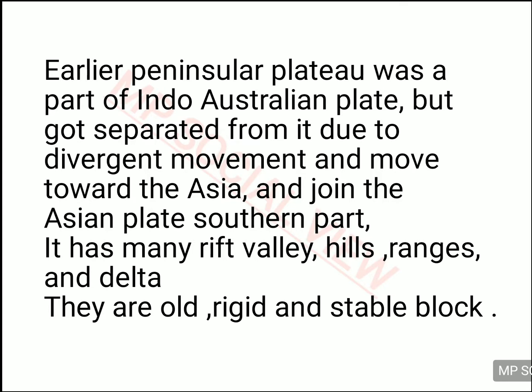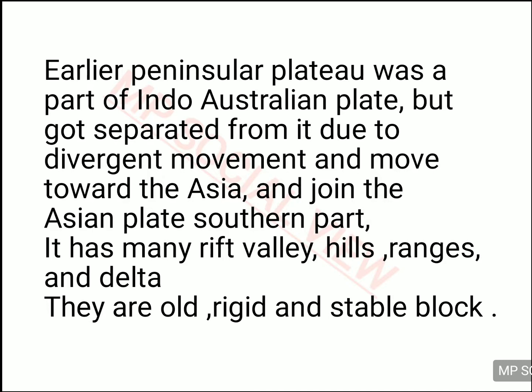When it broke away, it started moving in the opposite direction, toward the north, toward South Asia, and it collided with the Tibetan block. When it collided with the Tibetan block, it became part of India, and thus this led to the formation of India's peninsular plateau. So this way the Indian peninsular plateau was formed.